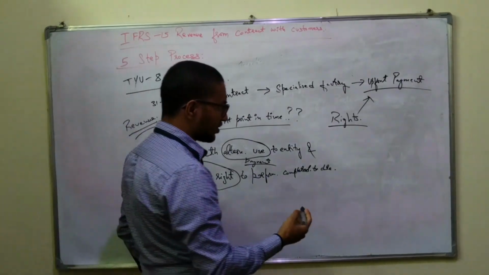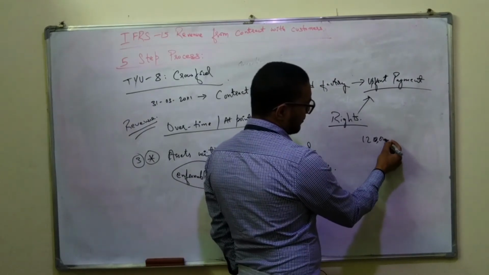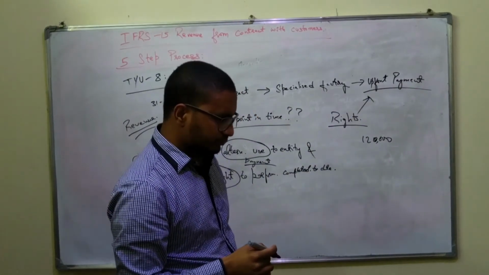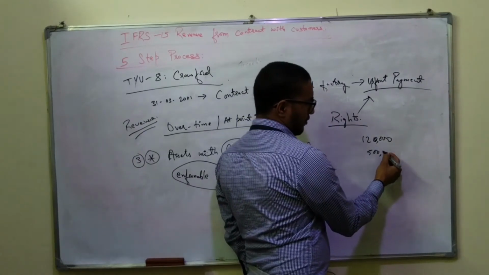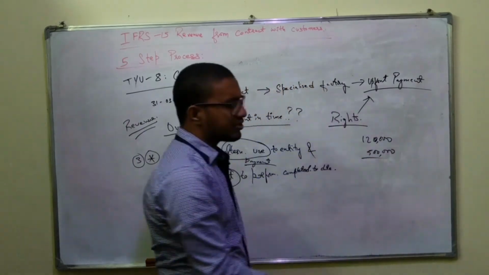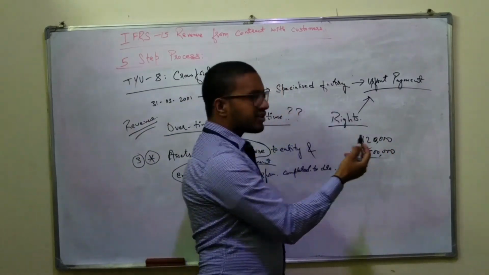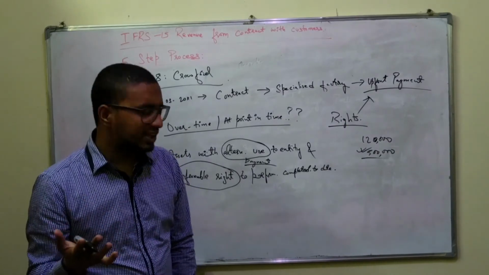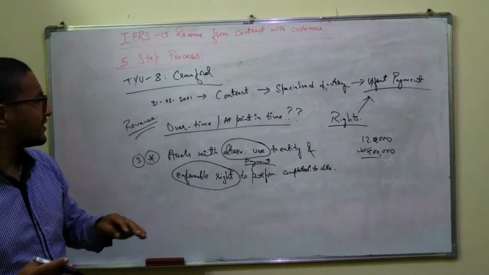So let's say the construction was costing you 12 lakh, and your deposit amount was only 500,000. So your enforceable right is only up to 500,000. So you are not receiving the other cost, even if you don't complete it. So you don't have the enforceable right, so it is not considered overtime.